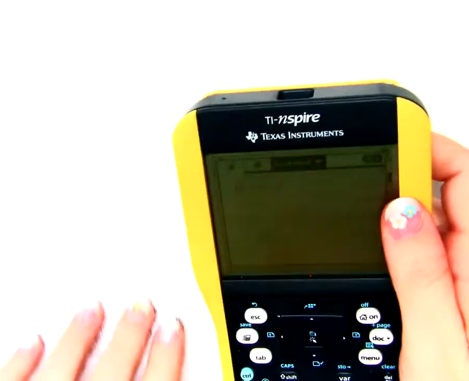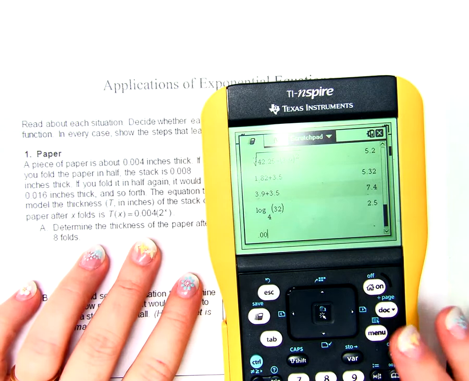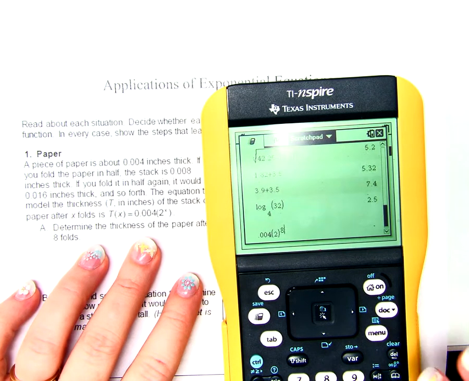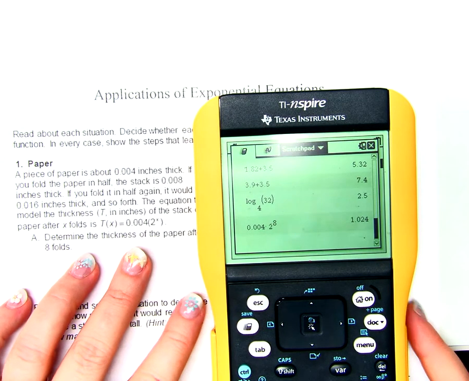How do we do that? Plug 8 in for x. So we say 0.004 times 2 raised to the 8th power. So 1.024.